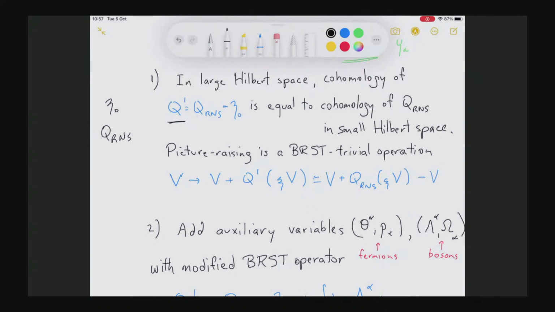If something has a fixed picture and it's annihilated by Q prime, then it has to be annihilated by both QRNS and A to 0. And it turns out that if all the terms in the state have finite picture, which can be a sum of different pictures, then the cohomology of Q prime is actually equal to the small Hilbert space.